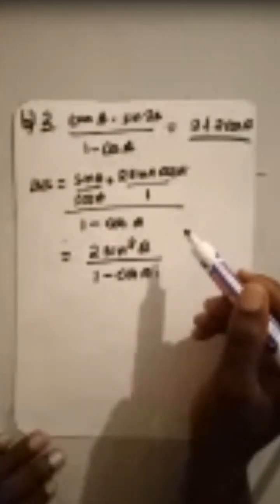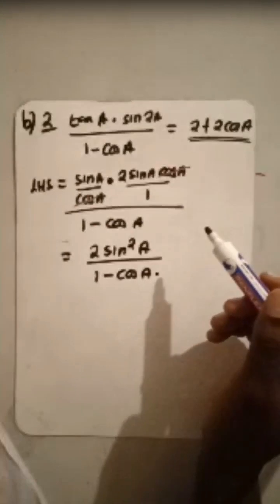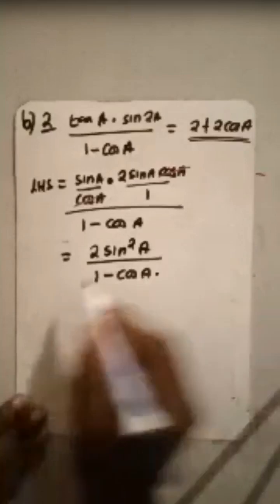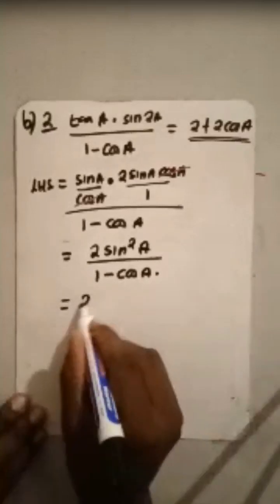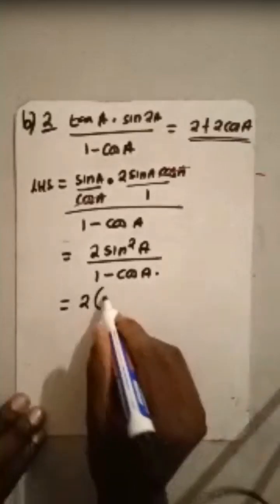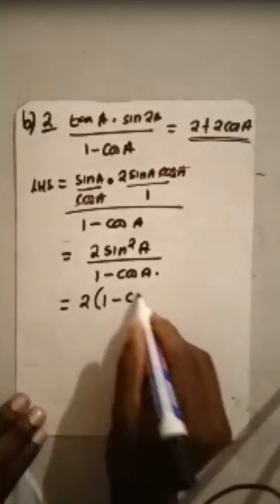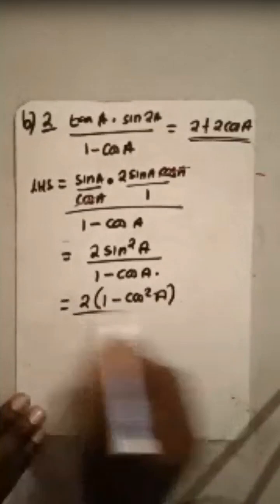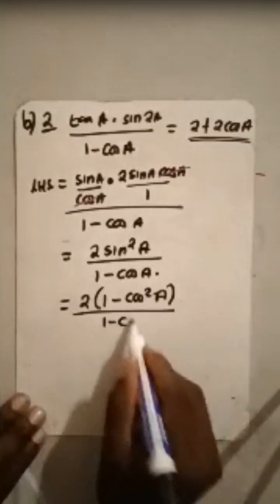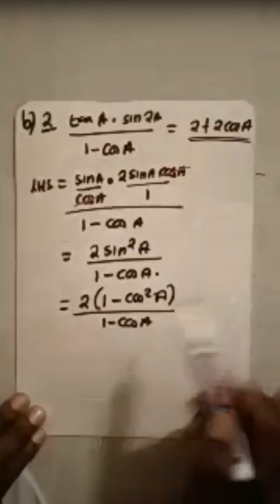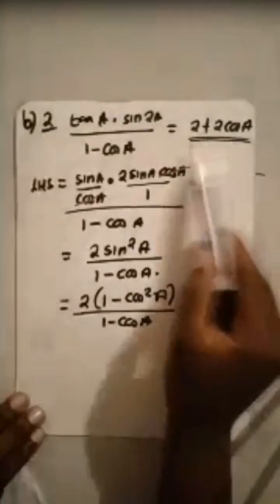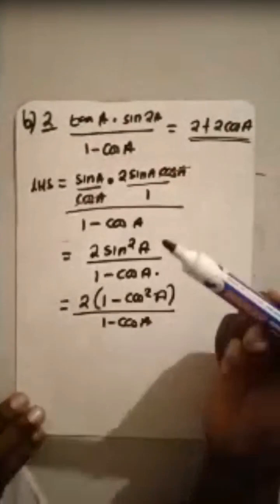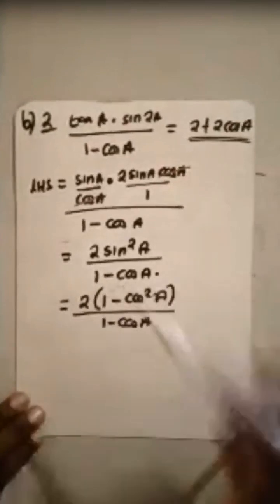It's 1 minus cos squared A. This is going to be 2, then in brackets, 1 minus cos squared A over 1 minus cos A. But guys, look, this one doesn't have a denominator, and we are still having a denominator. Is there anything that we can factorize on the numerator?